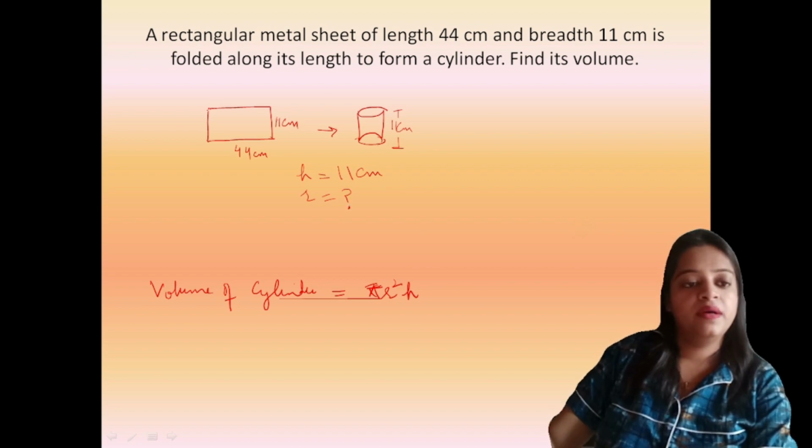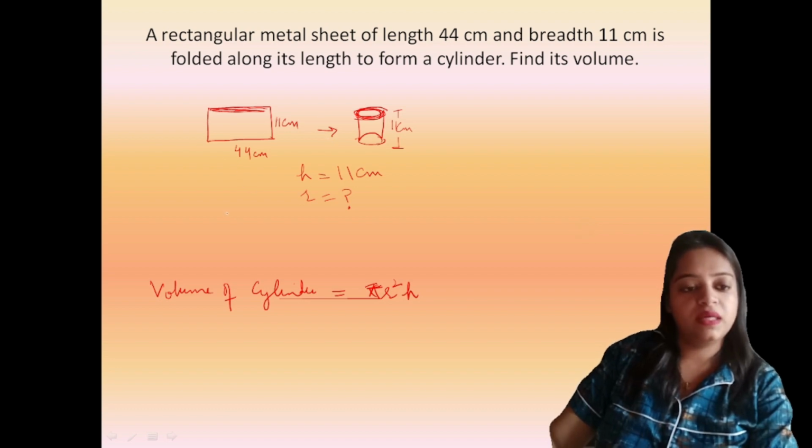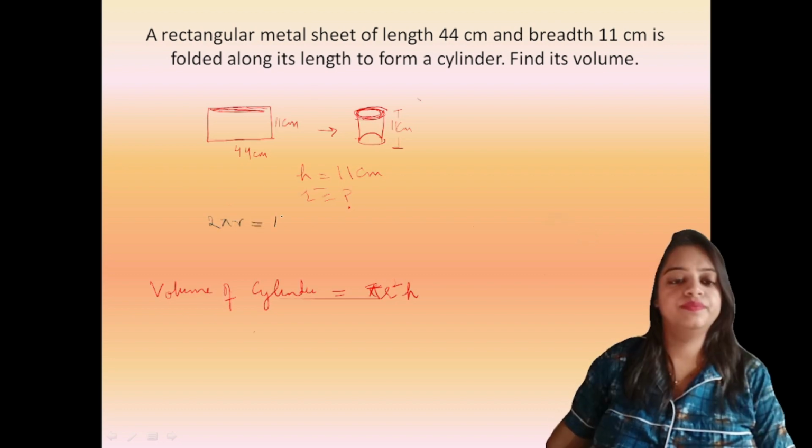So remember, this length, when this paper was folded, this length was giving you this circular part, and this length of circular part was the circumference of circle 2 pi r. It means value of 2 pi r is 44.